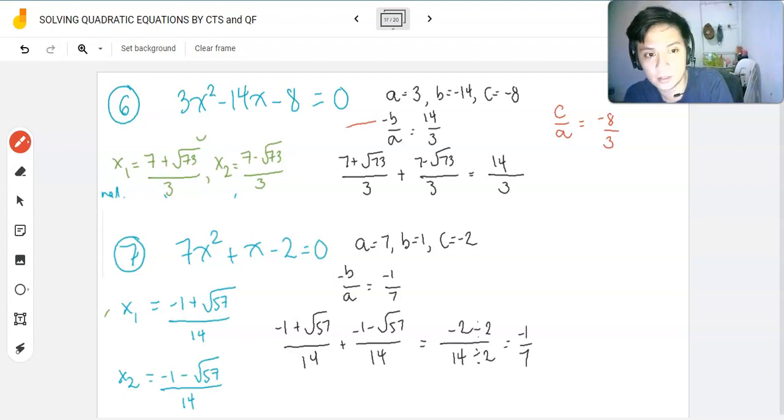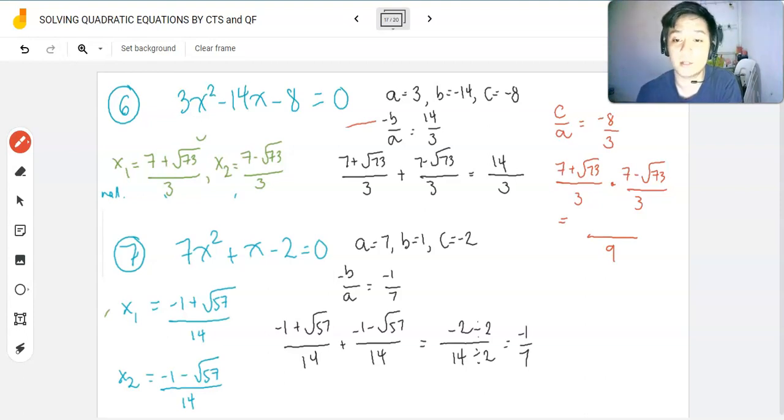So, what is 7 plus square root of 73 all over 3 times 7 minus square root of 73 all over 3? Siyempre, denominators muna, mas madali. 3 times 3 is 9. And again, sum and difference lang naman yan, so FL lang din. So, 7 times 7, first terms, product is 49.